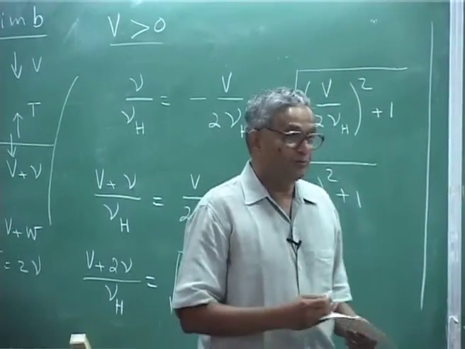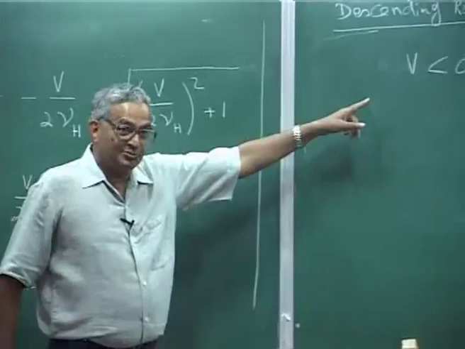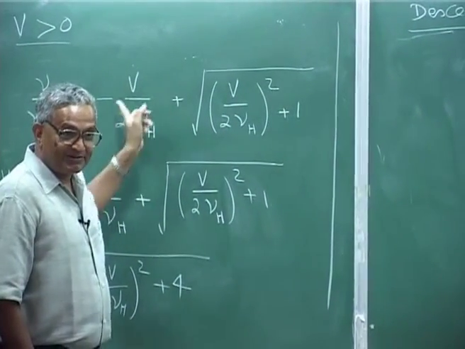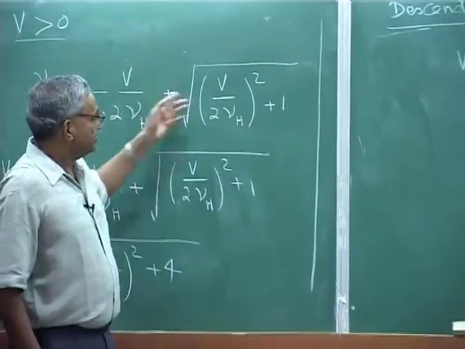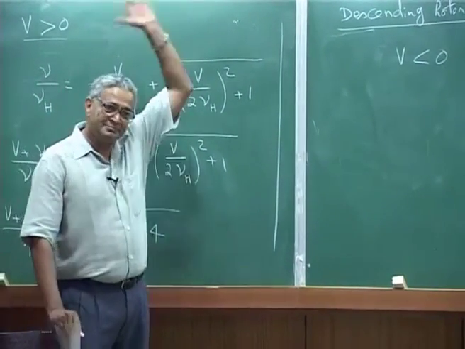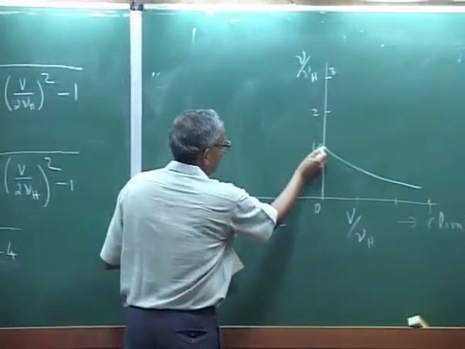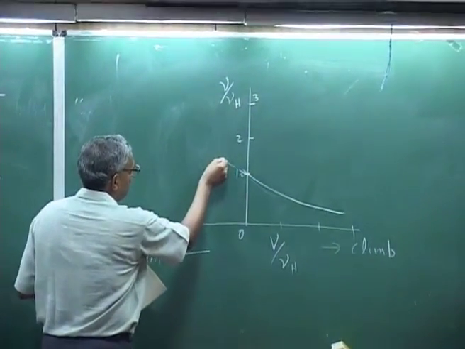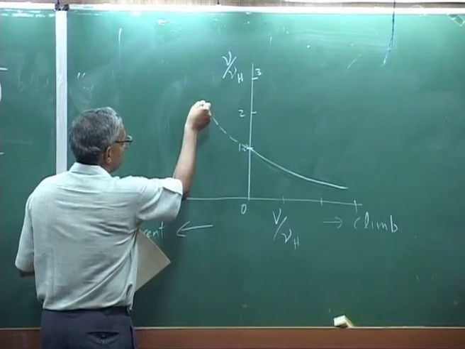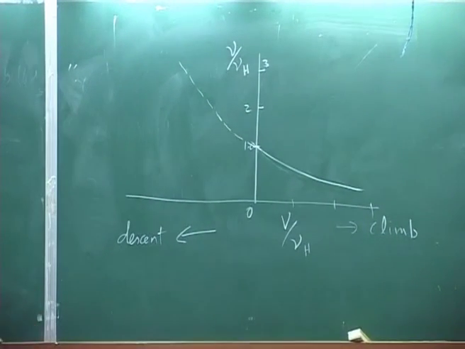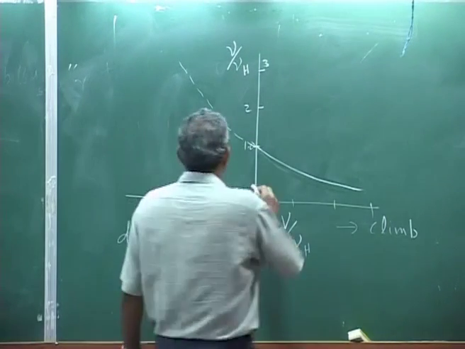Then you know V is negative, because I have to put V negative, then this becomes a positive number, and this will keep on increasing. So, I will just draw it by a dashed line. This is an extrapolated curve.